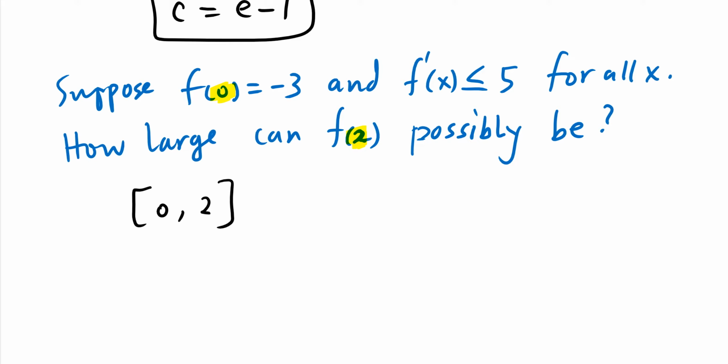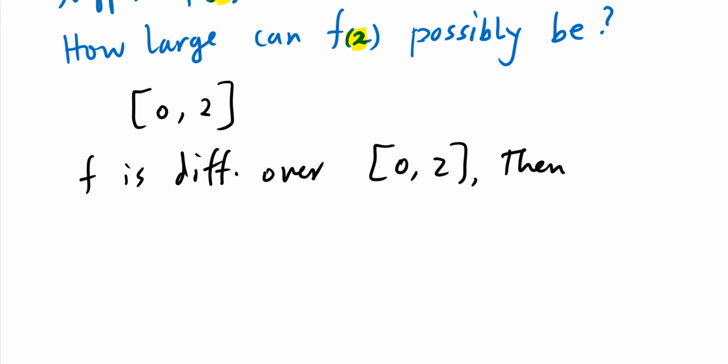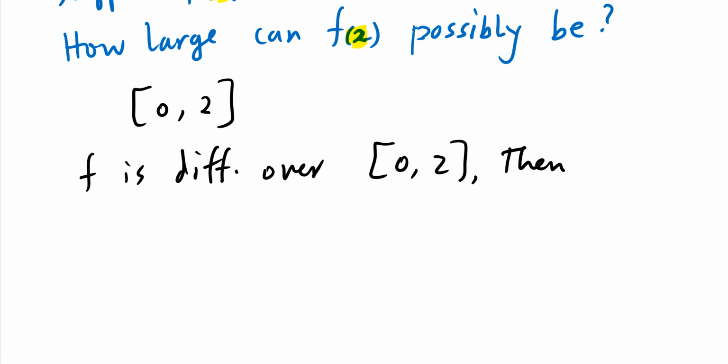Since it's differentiable over the interval 0 to 2, we have a theorem that says if a function is differentiable, then it is continuous. Sorry, we have to make it open.